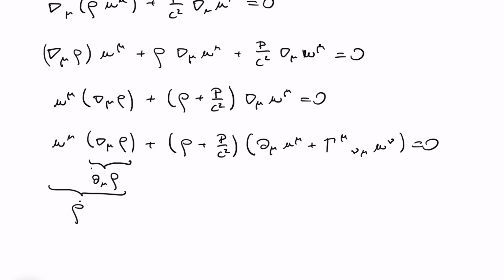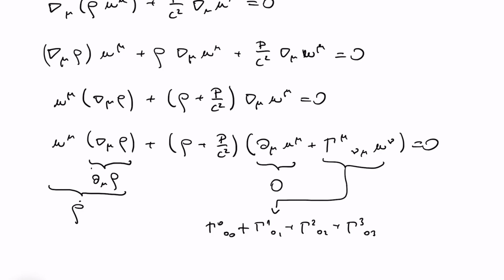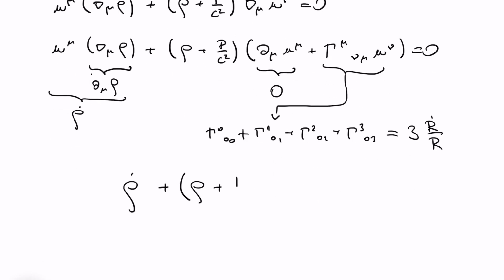In the second term, the derivative of the velocity is 0. And since the velocity only has zeroth component, which is 1, we get the sum of those gammas with second index 0. They give 3r dot over r. So altogether, we get this equation.